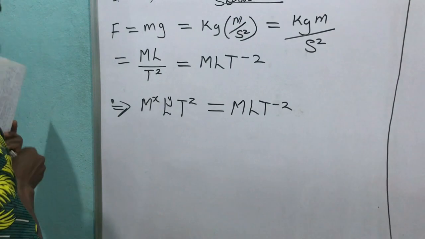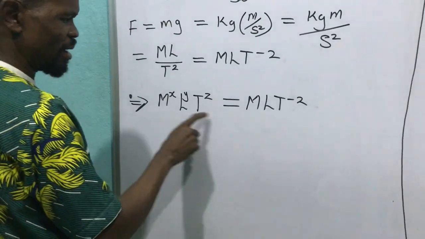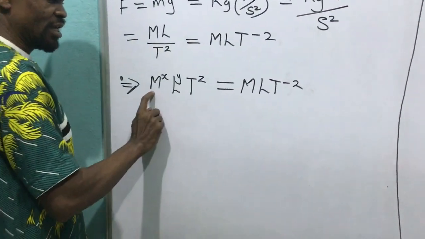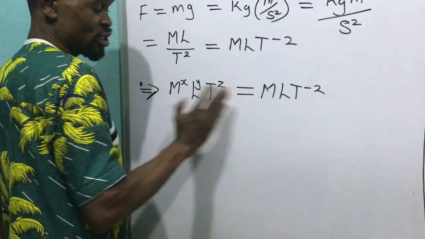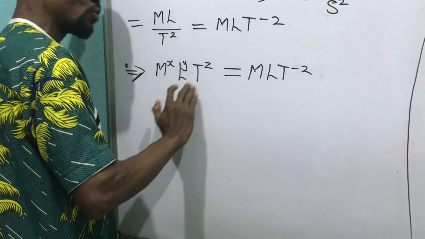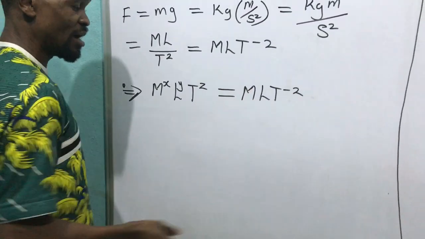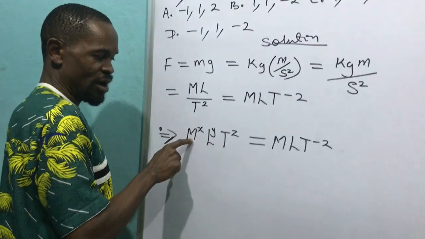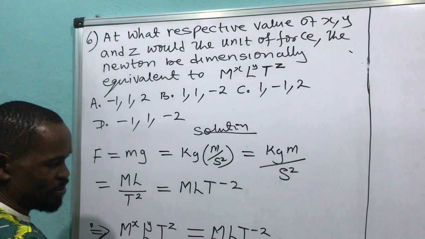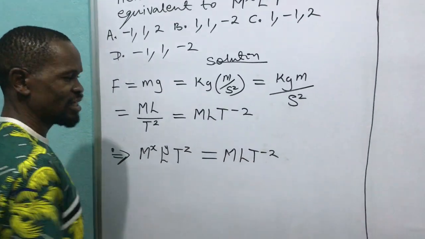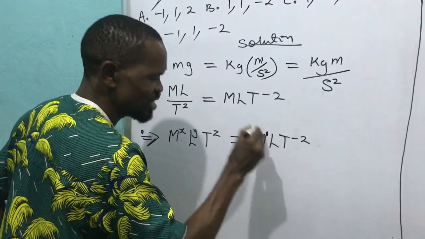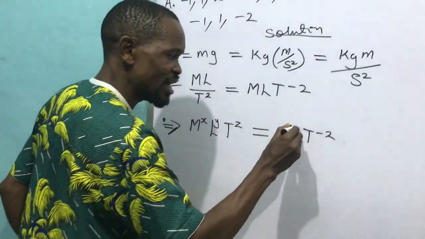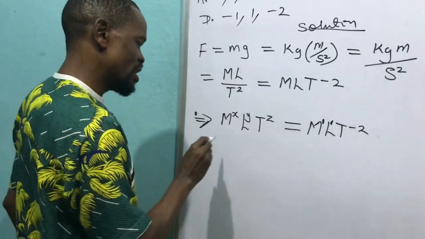You remember what the law of indices tells us: if we can make the two sides of the equation have the same base, automatically their powers are equal. Base M, base L, base T. And you remember that anything you write is raised to power 1, just like this M is raised to power 1, and this L as well is raised to power 1.